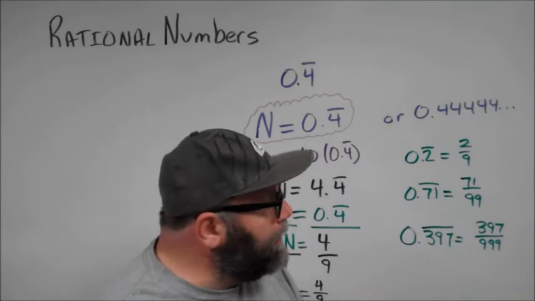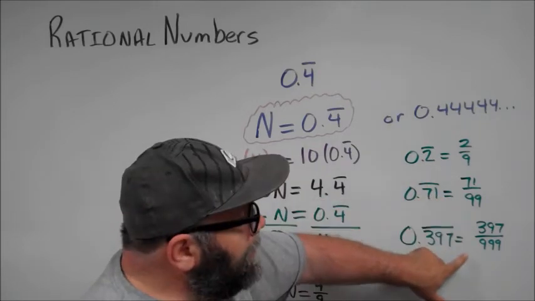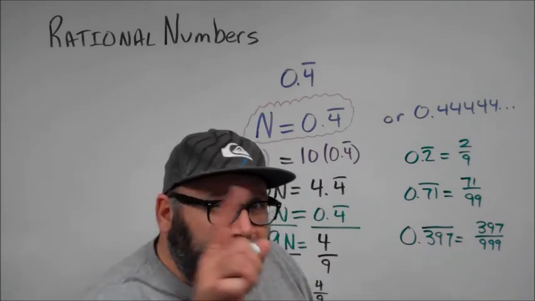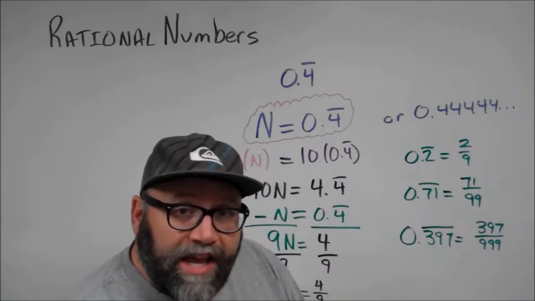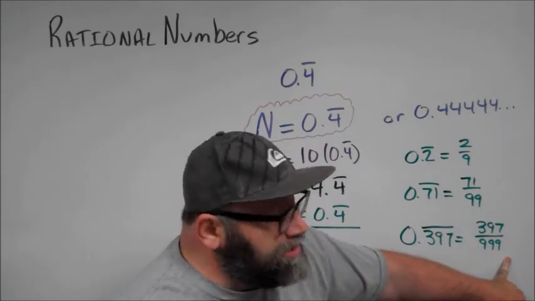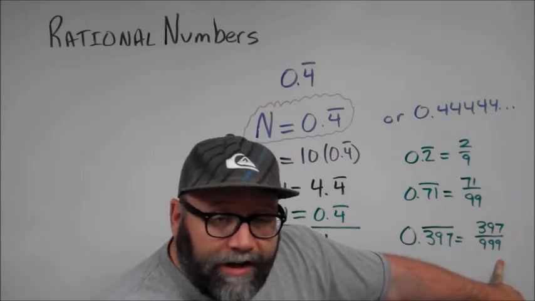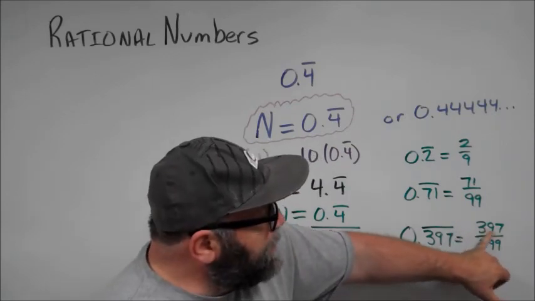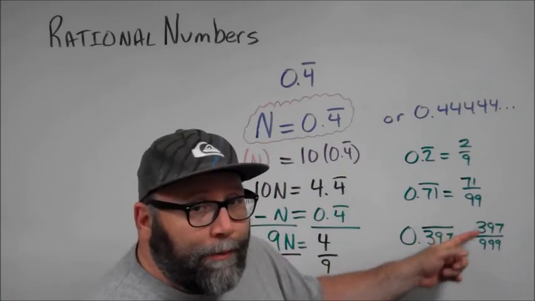Can we make it simpler? 71 over 99, they don't have a common factor. 397 over 999, I'm going to leave that up to you. See if you can figure that out. You know the test for threes, right? If 3 is a factor, we can add the digits together, and if that sum is divisible by 3, then you're great. 999 is divisible by 3. 3 plus 9 is 12, plus 7 is 19. 19 is not divisible by 3, so they do not share the common factor of 3.